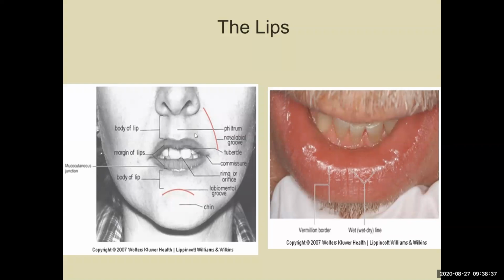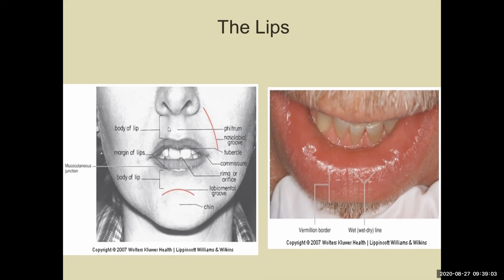That's where the skin and the vermilion border meet. The commissures are the sides, the corners of the mouth. You've got your chin, your labiomental groove. This is the mental portion of the skull, the labiomental groove.